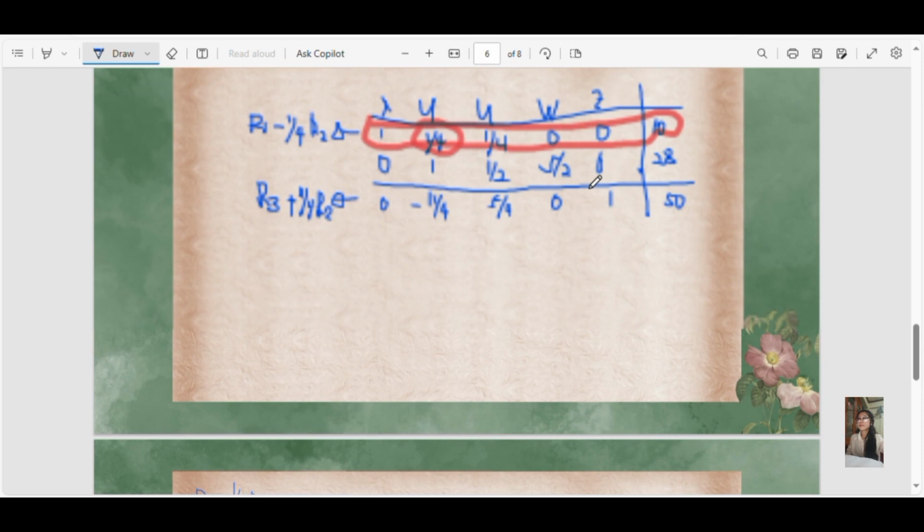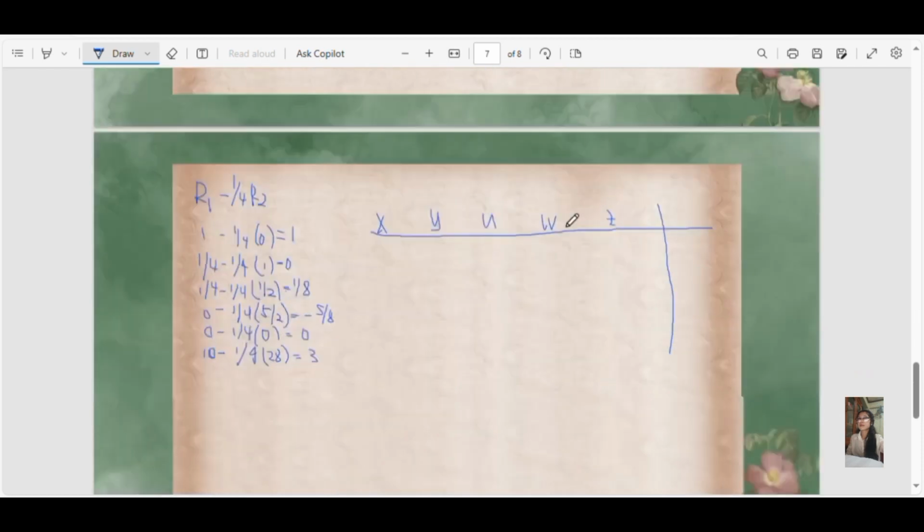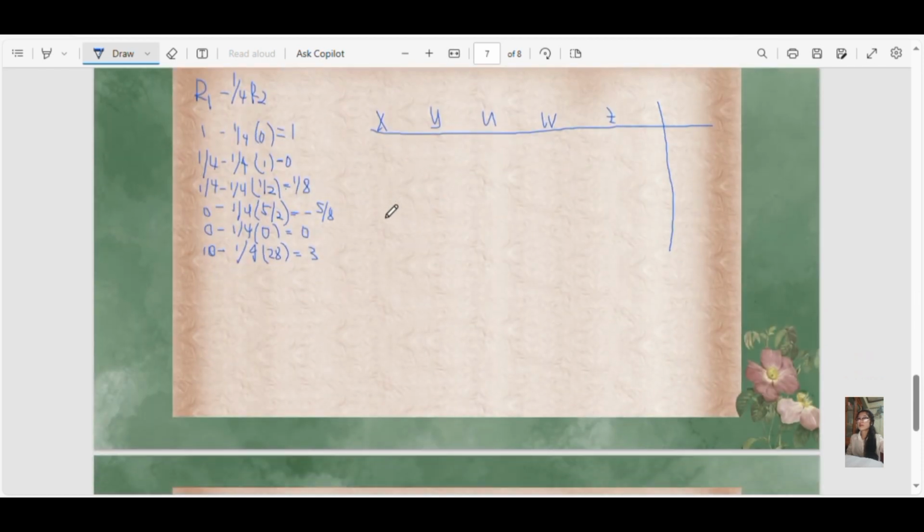Again, what is row 2? We just write here row 2: 0, 1, 1 over 2, 5 over 2, 0, and 28.